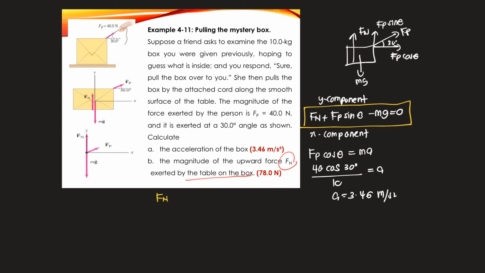So Fn is going to be negative Fp sine theta plus mg, which is negative 40 sine 30 plus 10 times 9.81. The answer is 78.1 Newtons.